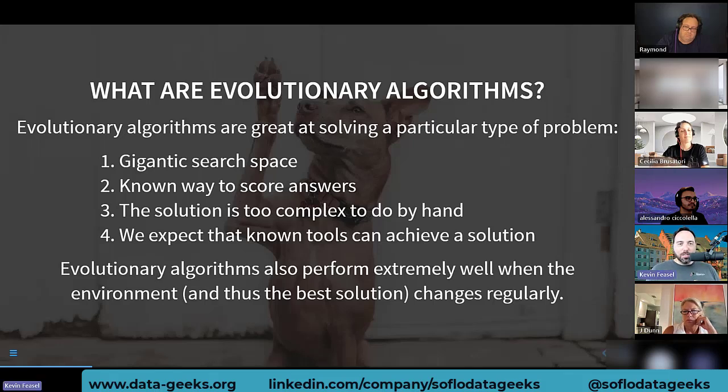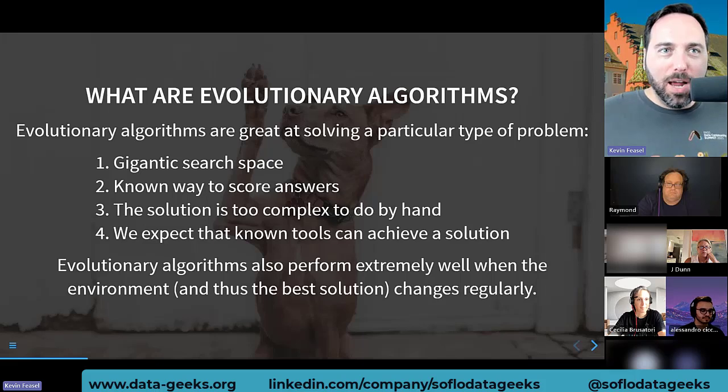And this complex solution, obviously, if we can do it by hand, we're not going to use a more expensive algorithm computationally to try to solve this. So there's a minimum threshold for where it makes sense. But we do believe that there is an answer. So in particular, the computer science term that pops up a lot with where genetic algorithms tend to work is NP-hard problems.